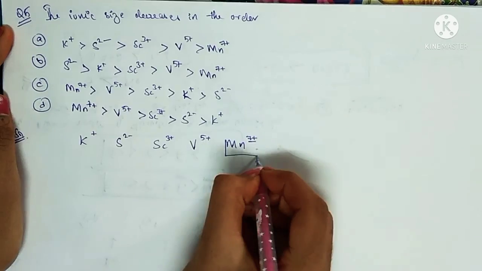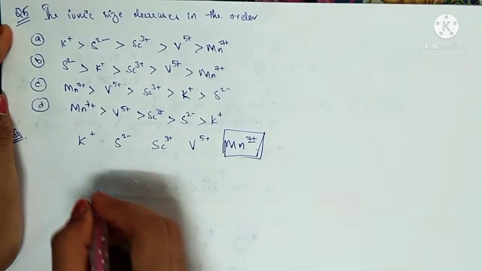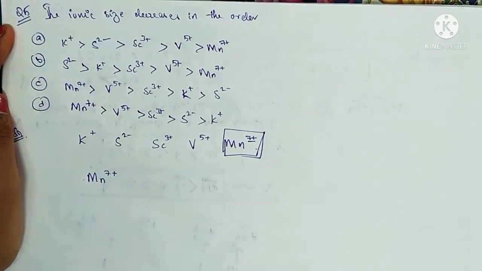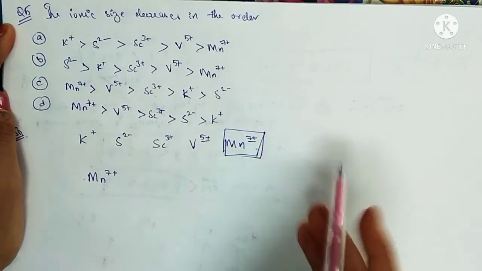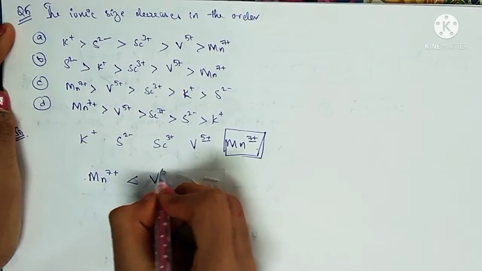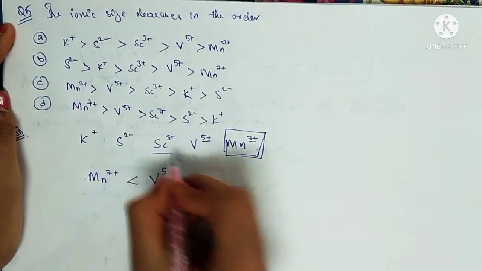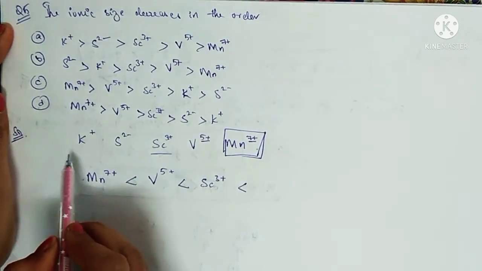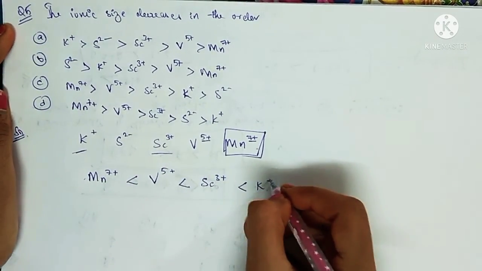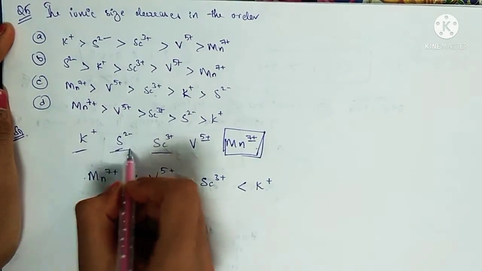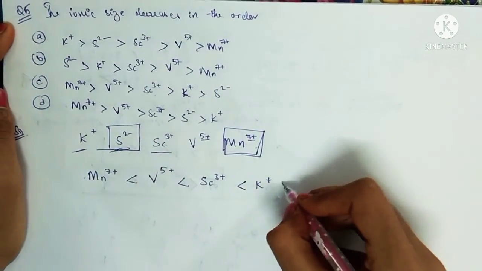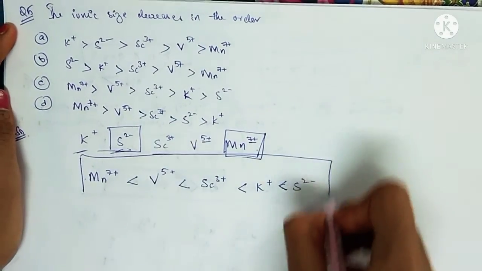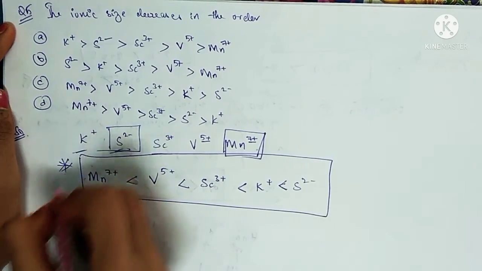So here Mn has the greater positive charge, that is 7 plus. So Mn7 plus has the least ionic radius, and the next one is 5 plus. So V5 plus is greater than Mn7 plus, Sc3 plus is greater than V5 plus, and K plus is greater than Sc3 plus, and the anion has the largest ionic radius. This is the correct answer.